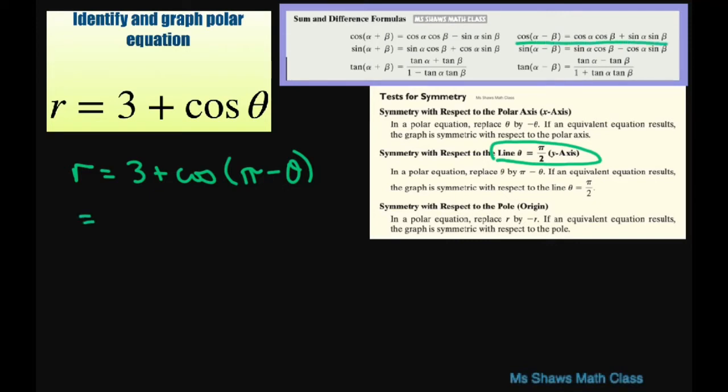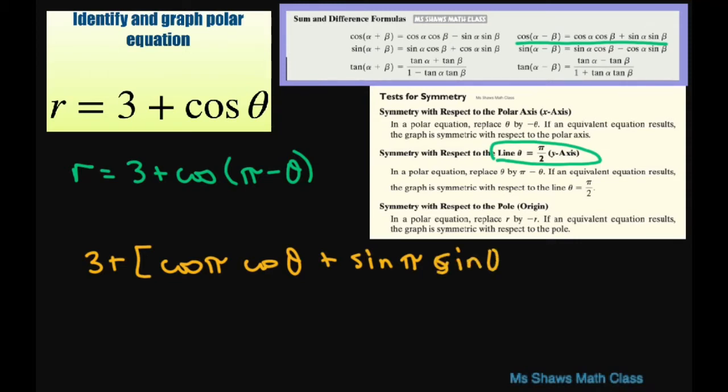So we're going to have 3 plus cosine of pi times cosine of theta plus sine of pi times sine of theta. Now sine of pi is 0, so this is just going to be 0. Cosine of pi is negative 1. So when you multiply these two, you're going to get 3 minus cosine of theta.